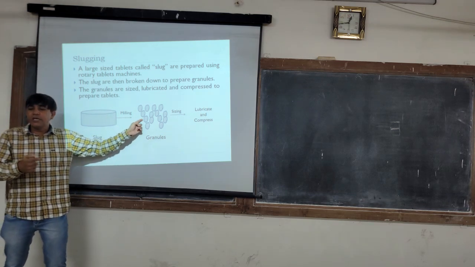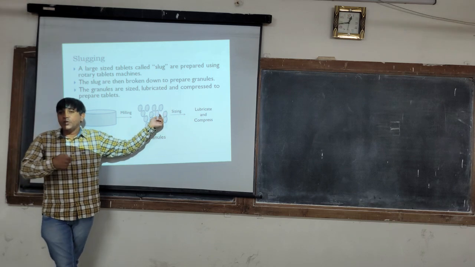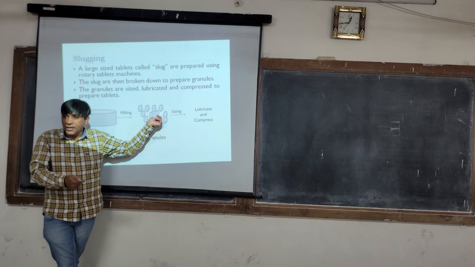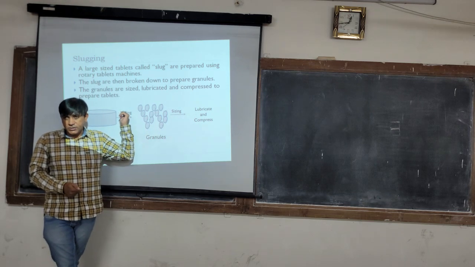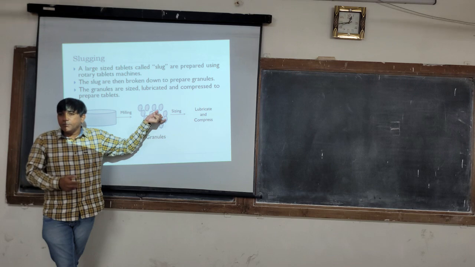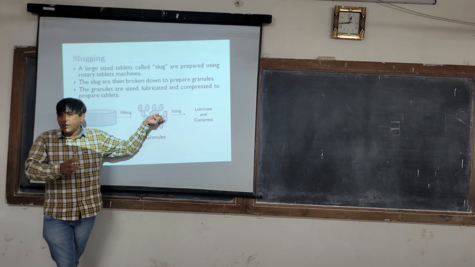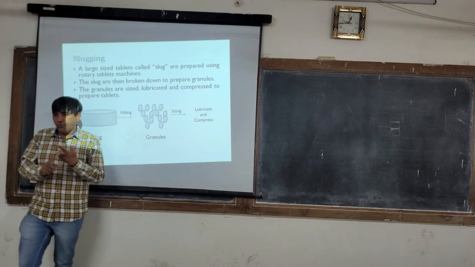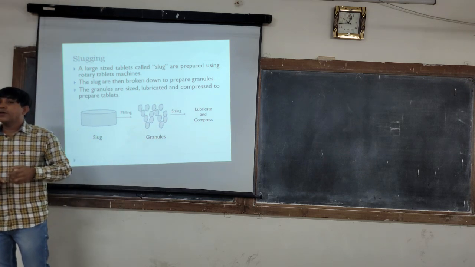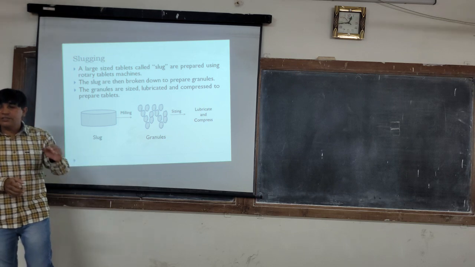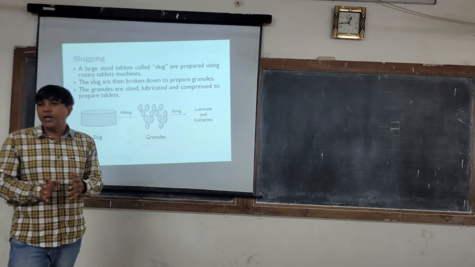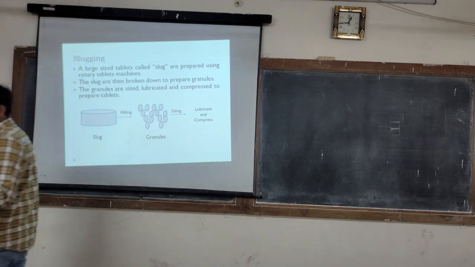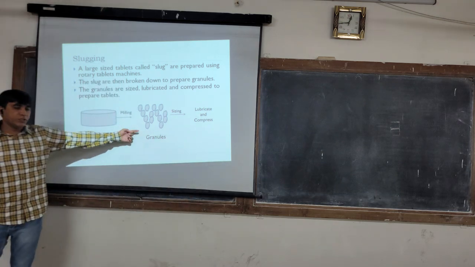The granules which we use are sized, so they have uniform size and hence uniform flow. At the same time, we incorporate binders, which increase the binding strength, that is compressibility. Hence, the granules prepared after dry granulation have both advantages, good flow and good compressibility. If we directly prepare the tablets, they may not have uniform weight and uniform active ingredient content. Hence, we need to go for granulation.